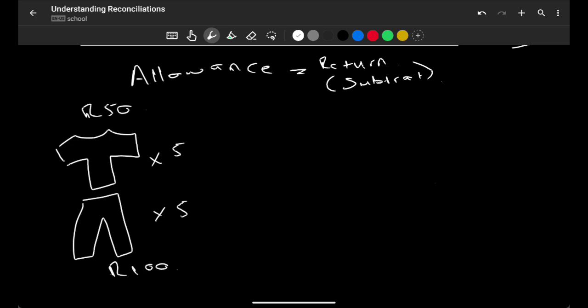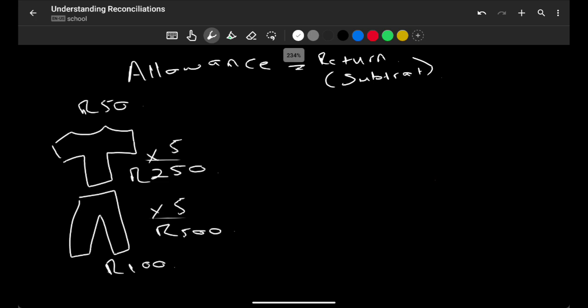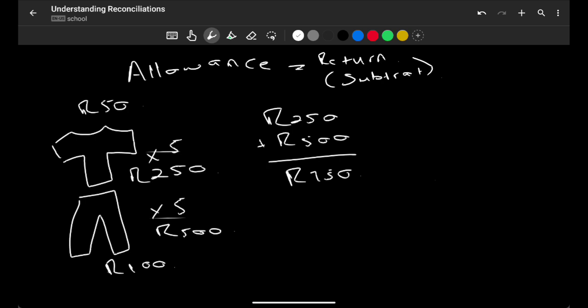So here you paid essentially 500 rand for the pants, and for the t-shirts you paid 250 rand. Say you bought it all online, so you bought for 250 plus your 500, and that should give you 750, right?